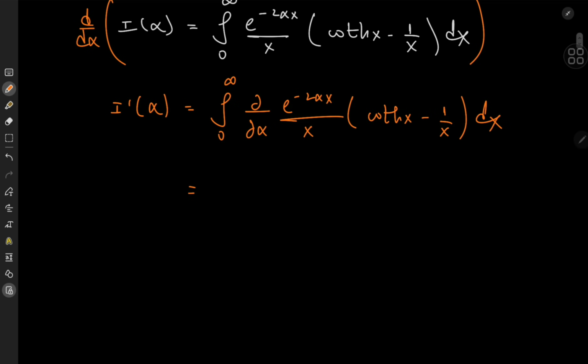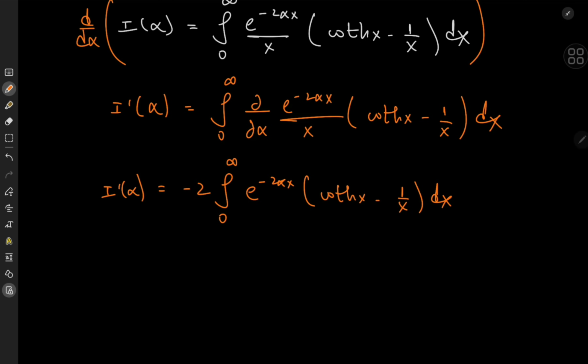And of course, evaluating the derivative is quite straightforward. Integral 0 to infinity, we have negative 2x e to the negative 2 alpha x over x, so there is some cancellation, of course, which means that we have this factor of negative 2 outside, e to the negative 2 alpha x times hyperbolic cotangent of x minus 1 over x dx.